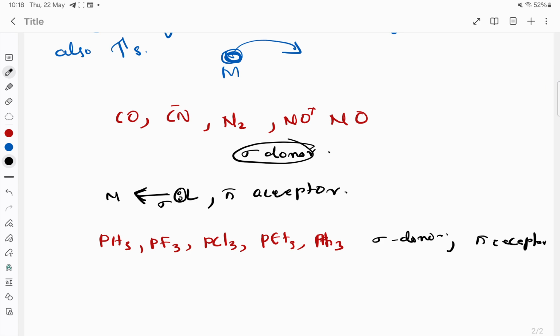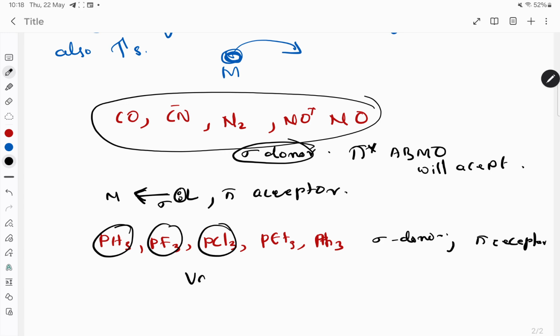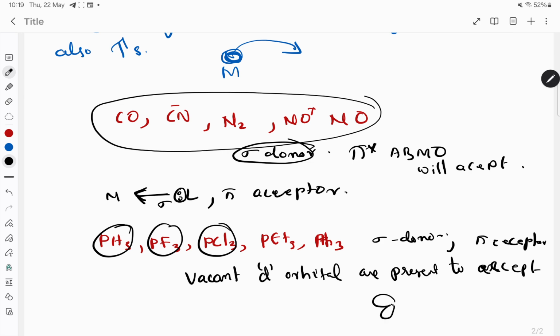Here the pi star anti-bonding molecular orbital will accept, but in the other case vacant d orbitals are present to accept.